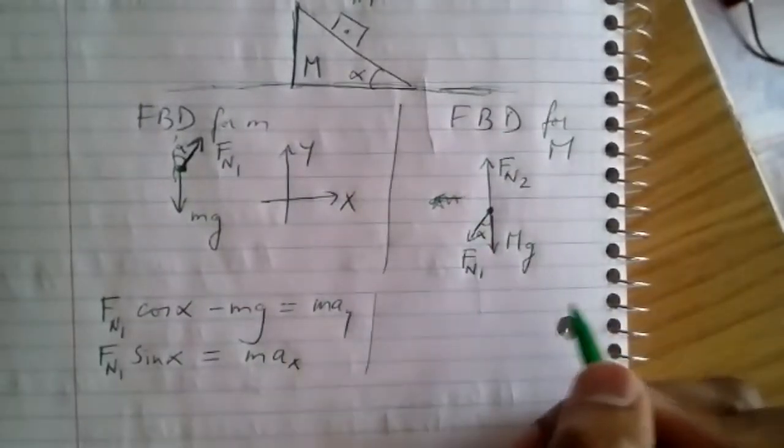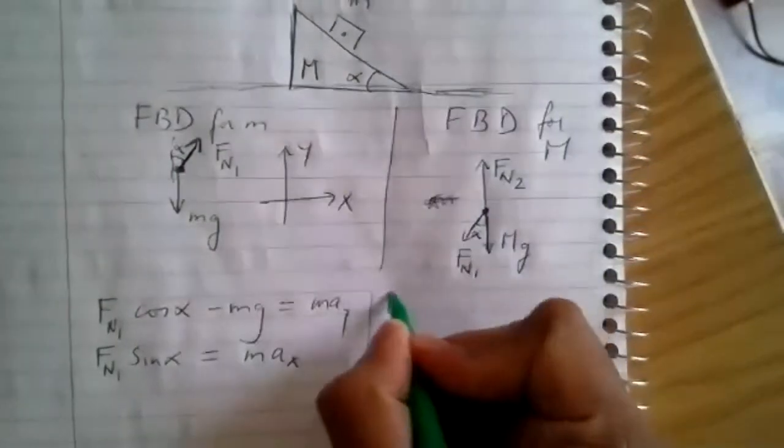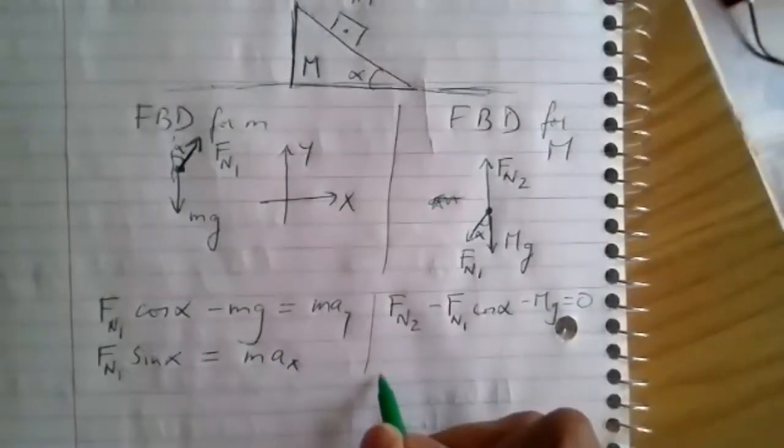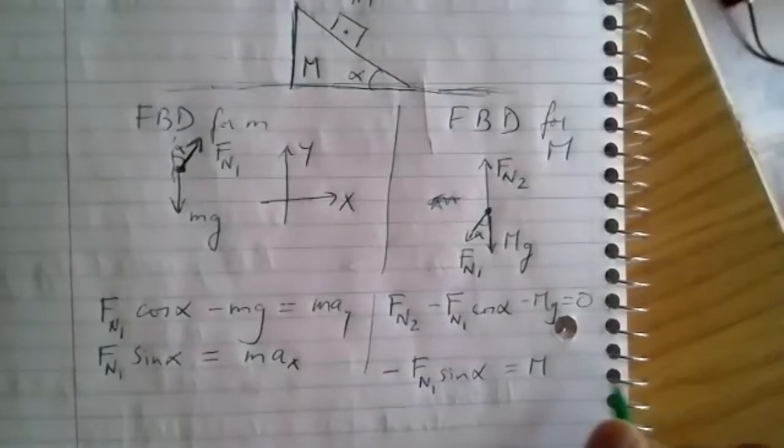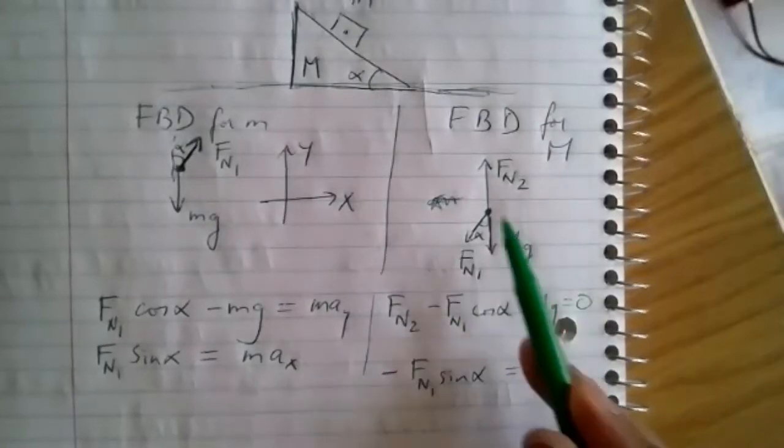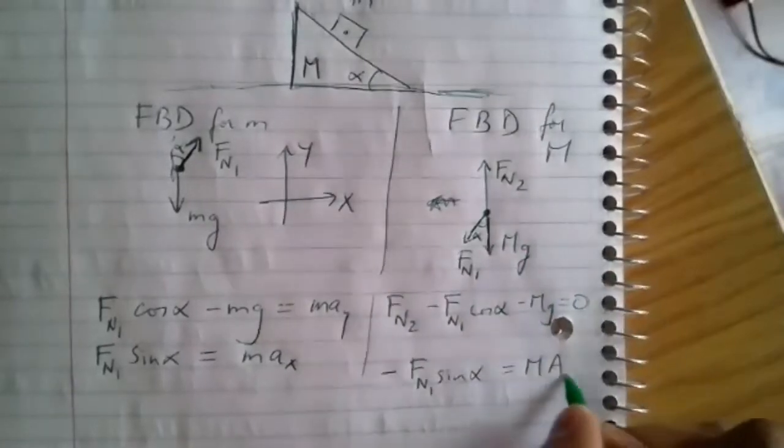For the wedge, in the y direction, I have Fn2 minus Fn1 cosine alpha minus Mg equals 0, since there's no acceleration in the y direction here. In the x direction, I have minus Fn1 sine alpha equals capital M times the acceleration of big M, which I'll call capital AX.